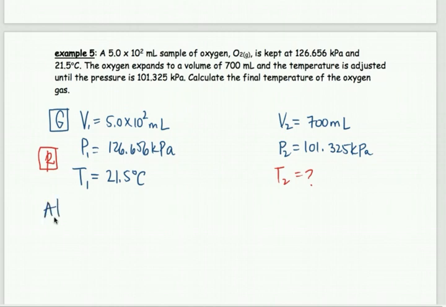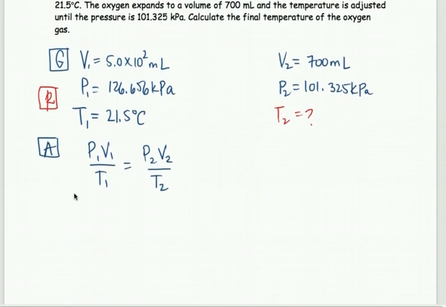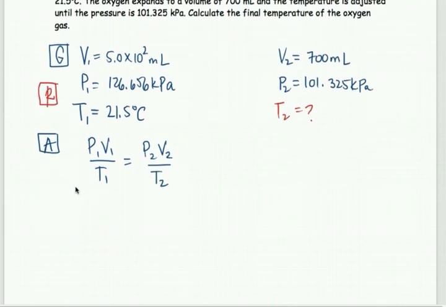Okay, so here's our plan of attack. We have our usual combined gas law equation. If you want to look up how they developed this, you can on your own time. It's just after a lot of studying different behaviors of gases that they were able to develop this formula.